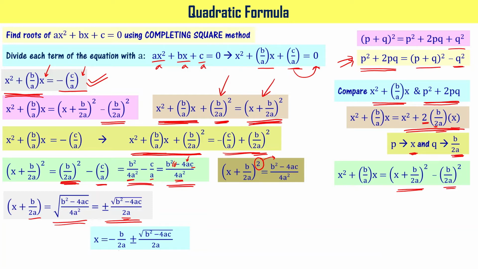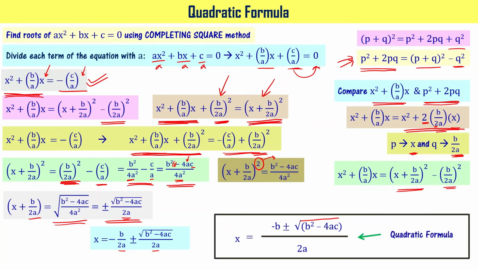Now look at this. The denominators are same. For that reason, what I can do is x equal to minus b plus or minus square root of b square minus 4ac divided by 2a, right? So this equation is called quadratic formula.